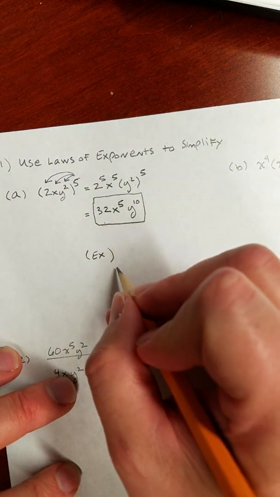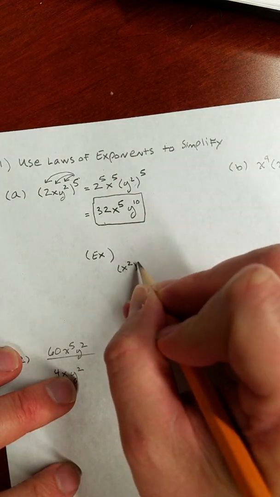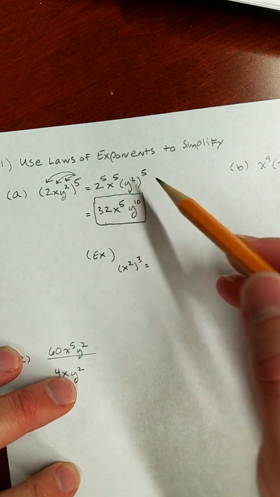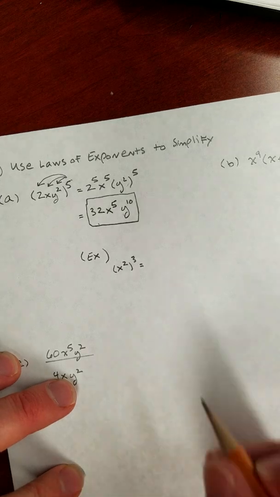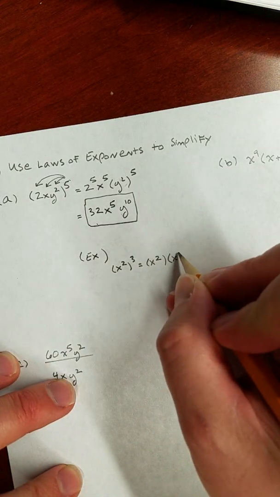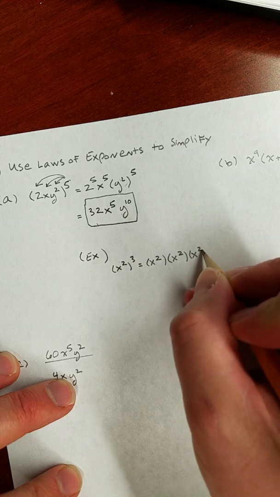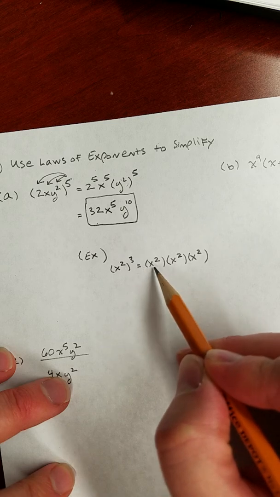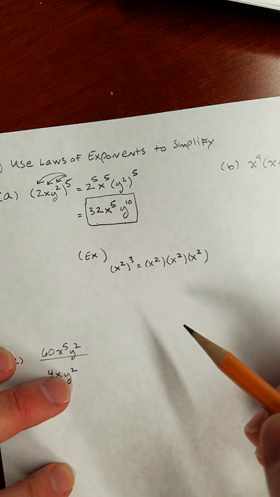I'll give you another example. What should x squared to the 3rd power be? According to the rule I explained up here, it should be x to the 6th power. Why is that? Well, think about it. Exponents are repeated multiplication. So this means that x squared is multiplied by itself 3 times.